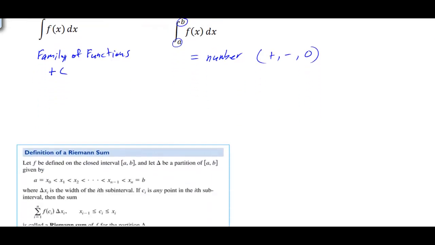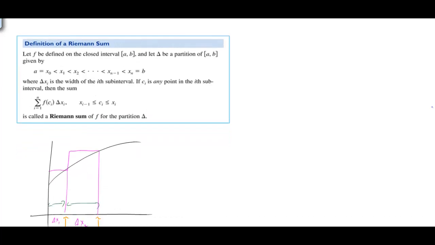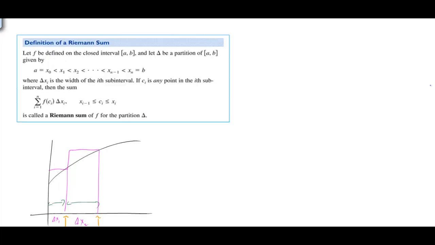And before we look at this, I want to go back and talk about the definition of a Riemann sum. You can read more in your book about this topic, or you could do a search on the internet. I'm briefly going to cover this definition here to lead into our talk about definite integrals. The Riemann sum is named after Riemann, a German mathematician.